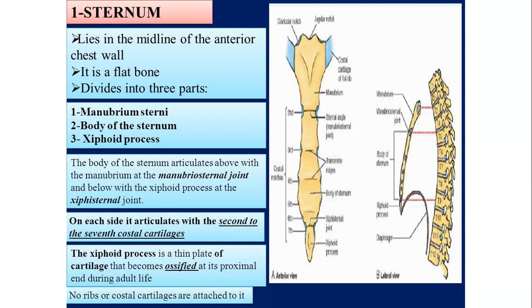On each side they articulate with the second to seventh costal cartilages. The first one also articulates with the manubrium, and no ribs or costal cartilage attach to the xiphoid process.